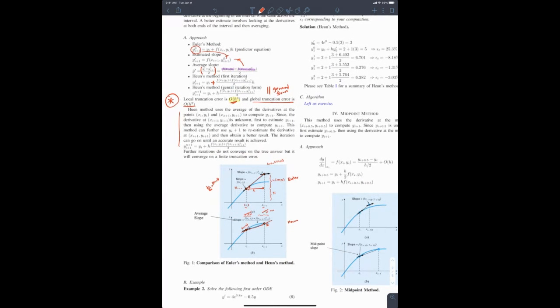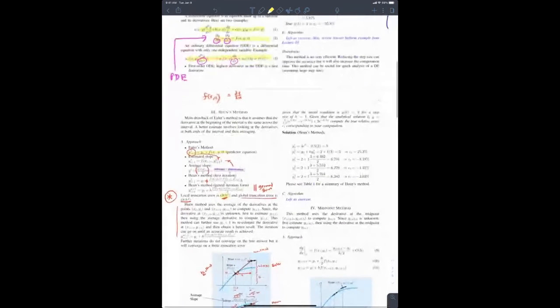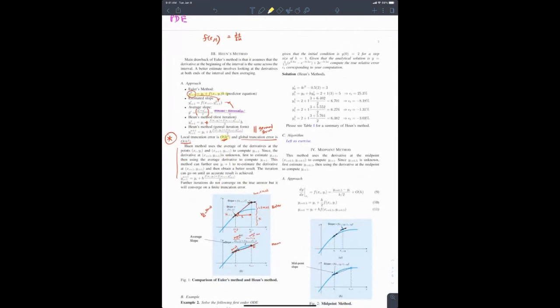So yes, instead of using the gradient at one point, we are using the average of the gradients at these two points, whereas for the second point, we don't know y. So since we don't know y, we use a predicted value of y using Euler's method. So use Euler's method to find the y there. So use the new y to find the new gradient there, average those two gradients. So use the new gradient again in Euler's equation to predict it again. So that's called the midpoint.